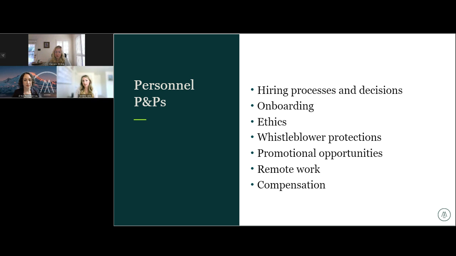And that really goes back to thinking about compensation related policies and procedures. So the areas shown here on the slide are all areas that we as organizations can influence through our personnel policies and procedures that we should be thinking about through our organizational shifts and changes. And we should be communicating our expectations around these internally and externally.